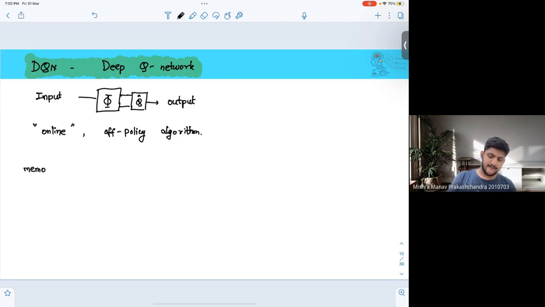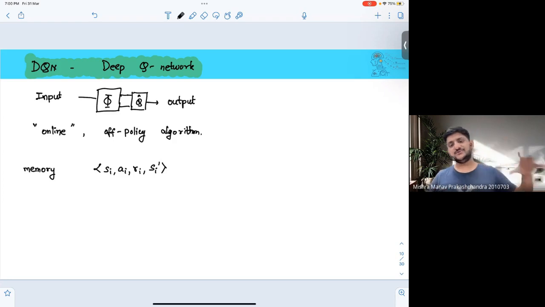Okay. In the memory, you are storing your states, actions, rewards, and the next states. Okay. So this is being stored. So what you do is, you keep storing experiences that you gain inside a memory.